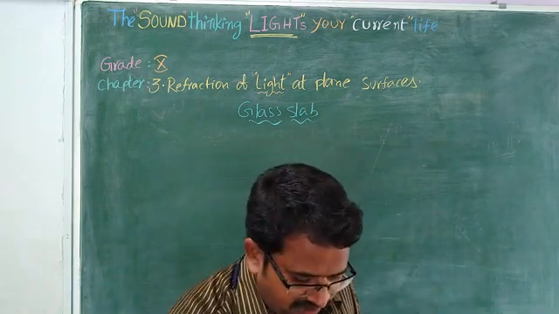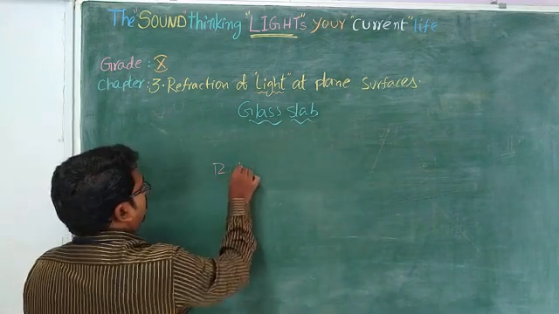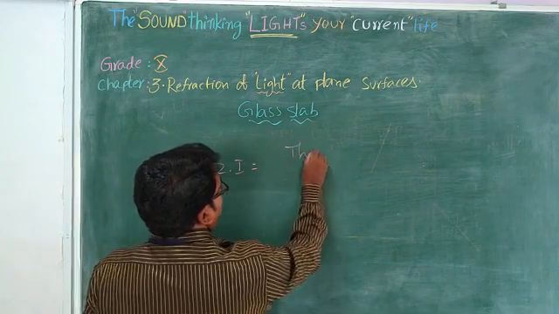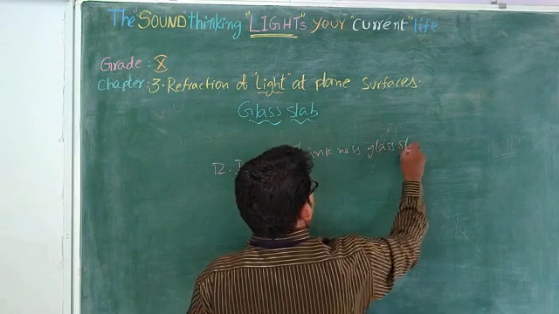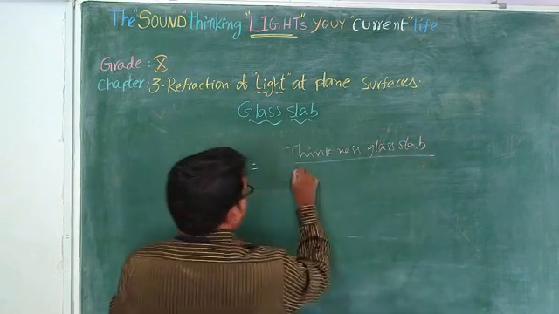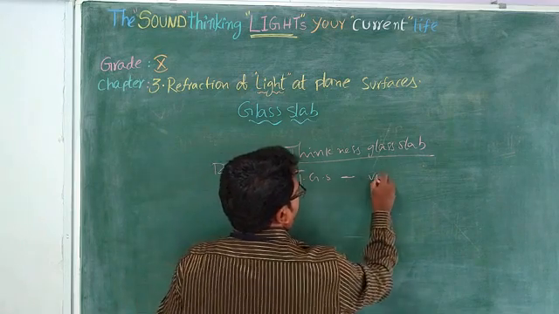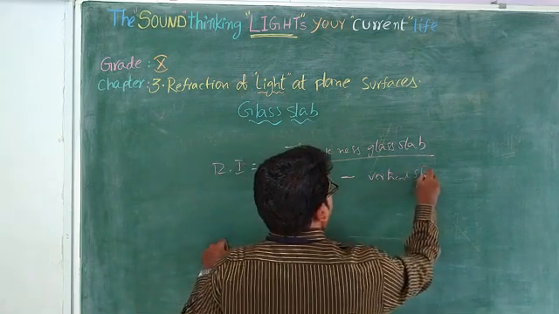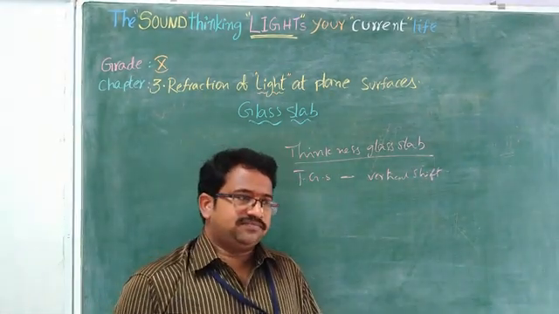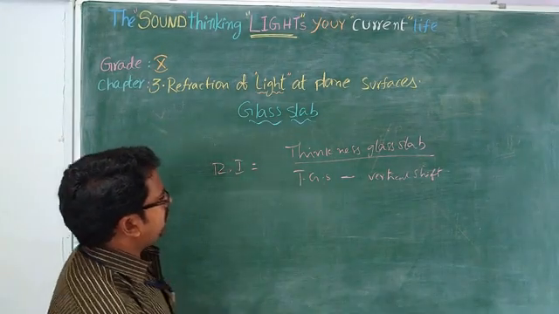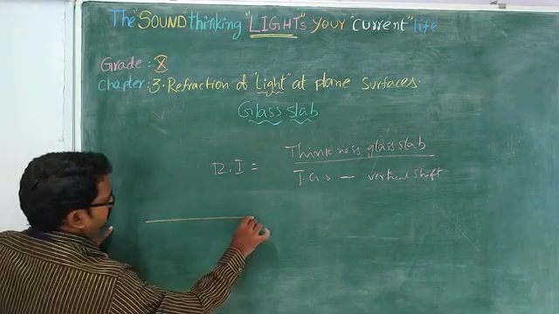Of course, in your textbook, the formula is given for the refractive index. Refractive index is thickness of glass slab divided by thickness of glass slab minus vertical shift. That is the given formula. Here, see one thing. I will give a better example for you.